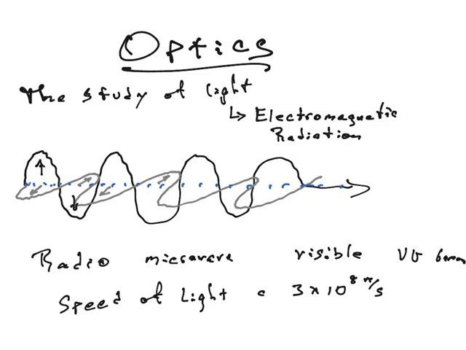Now, this is how fast light travels through a vacuum. Of course, it's slightly slower in the air. And in water, it moves at a different speed. In glass, it moves at a different speed, and all sorts of things. But if we're talking about light propagating through space, it always moves with this specific velocity.